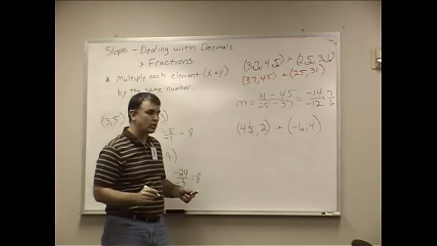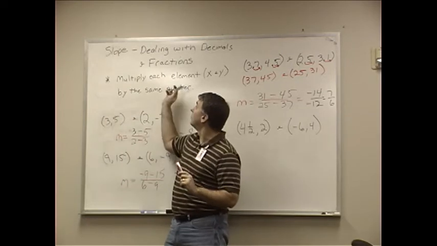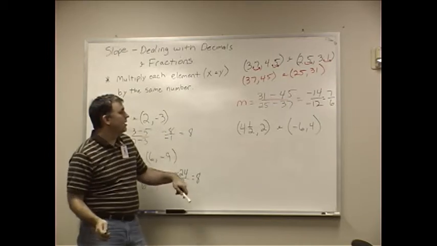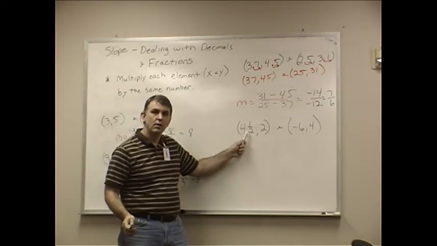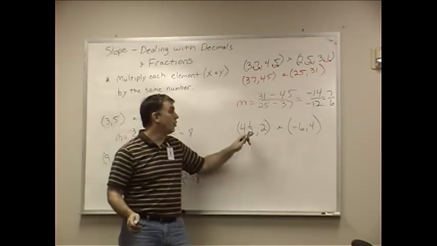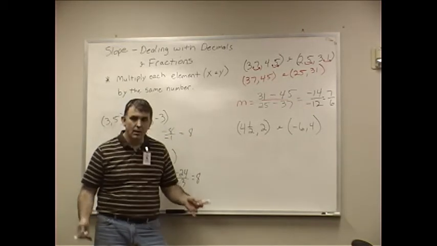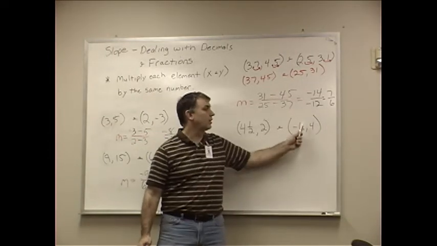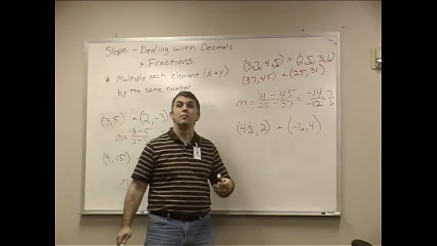Now let's look at the second one. It's got a dreaded fraction, but we can still use the same property. You can multiply each element by the same number. I picked a relatively simple one here. This is 4.5. It's the only one that has a fraction. Now, if you had more than one fraction, you're going to have to find the least common multiple of the denominators. So let's say this was 6 1/3. Well, the least common multiple of 2 and 3 would be 6.